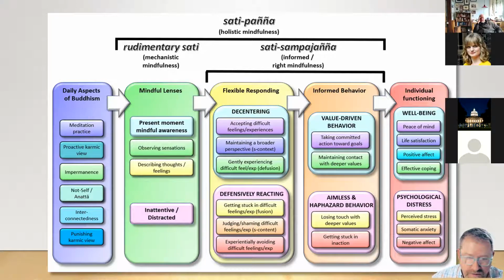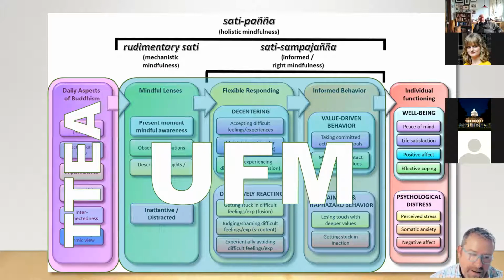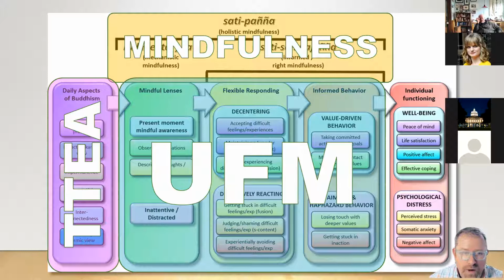I had already published a paper on this unified flexibility and mindfulness model proposing these 3 stages. I had just published a paper on the 3 Teachings of East Asia scale, so we're using the Buddhism subscales from that. And we are linking this model to forms of mindfulness discussed in Buddhist teachings.